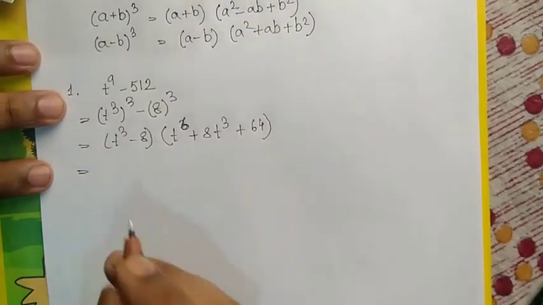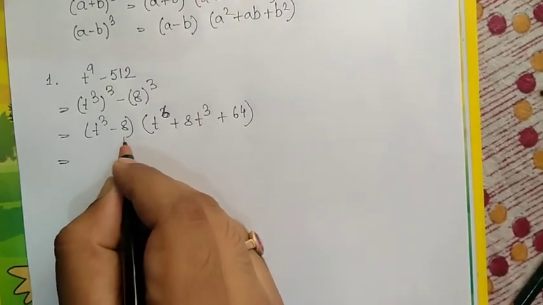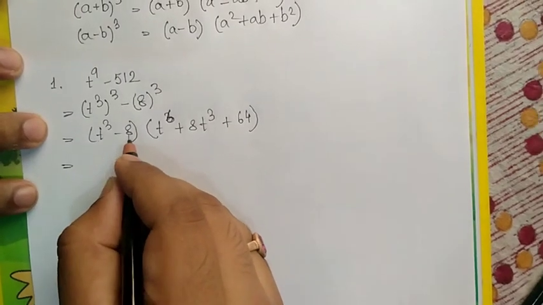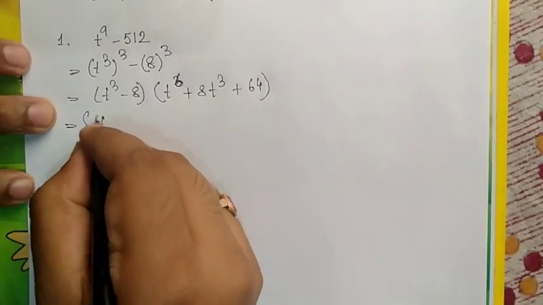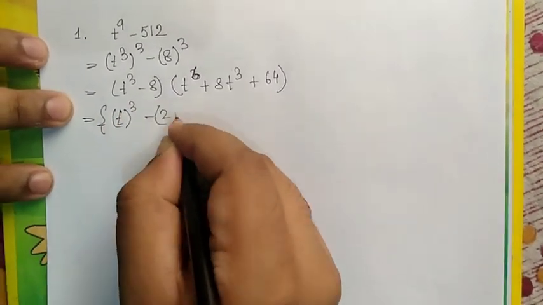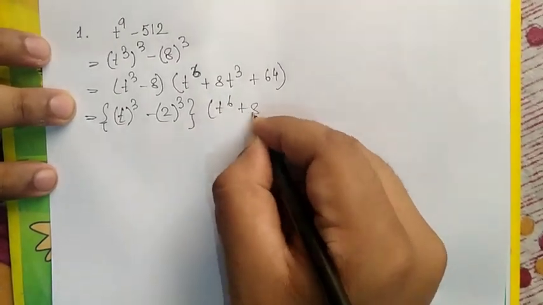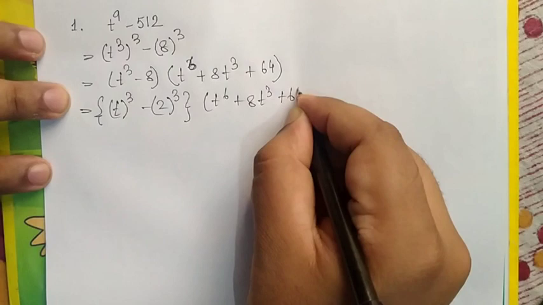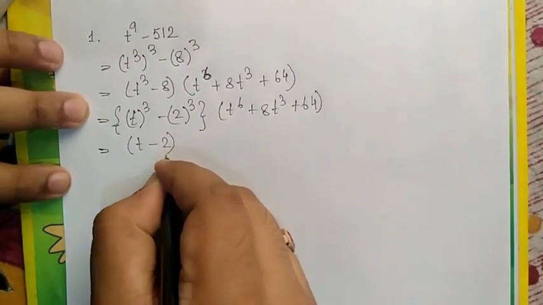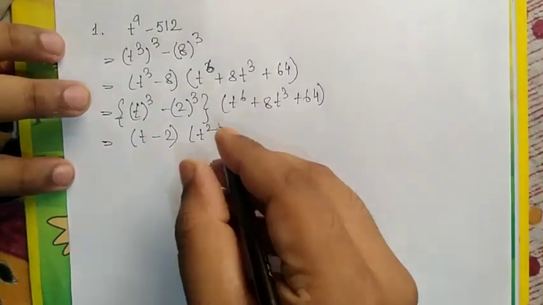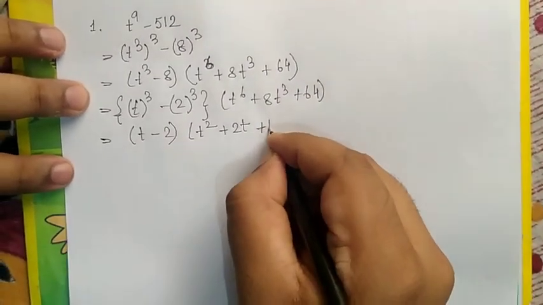Now in this sum, this formation t cube minus 8 algebraic expression should be a cube term, so we have to reduce it. Minus 2 whole cube. The formula is the same: a minus b, a square plus ab plus b square.